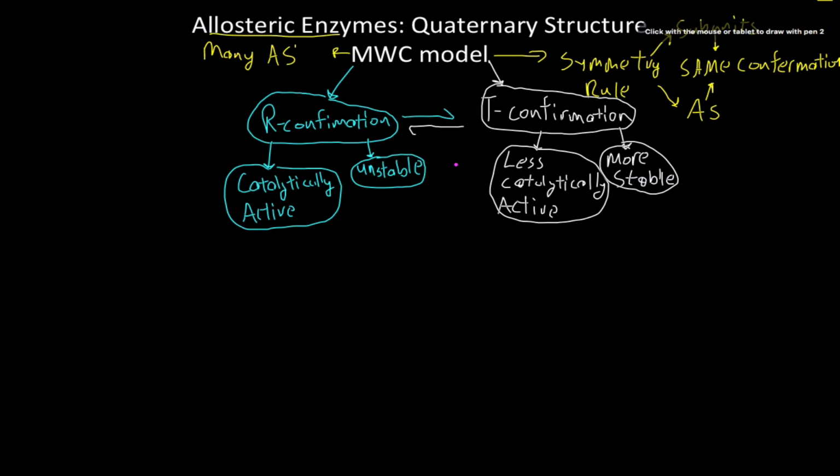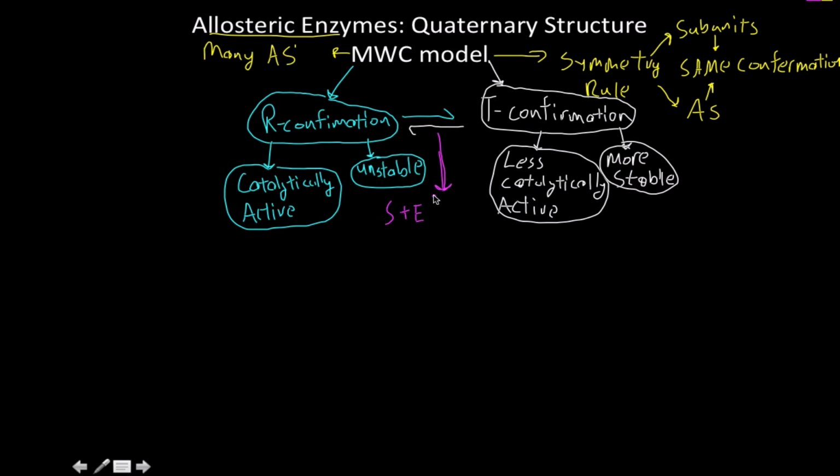Because of the symmetry rule, if a substrate binds to the R form in one of the active sites, this is going to cause a conformational change in all of the enzyme active sites to convert to the R form. That's what the symmetry rule implies.